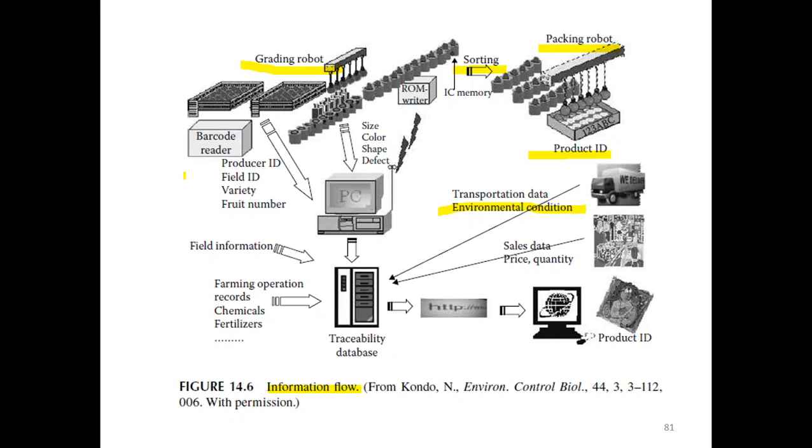All this information, including the producer ID, field ID, variety, and fruit number, is kept in the data set, along with the quality, sale data, price, and quantity. All this data creates a transparency database, which is important for a modern marketing process.